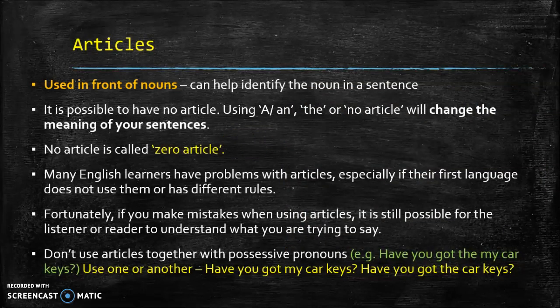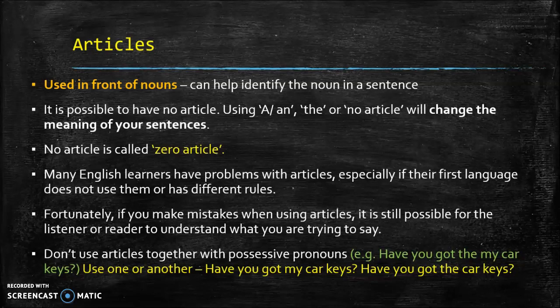So articles are used in front of nouns and they can help you identify the noun in a sentence. It is possible to have no article as well. Using a and the or no article will change the meaning of your sentences.